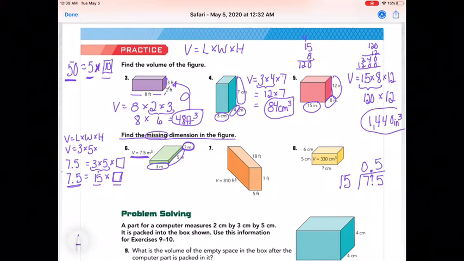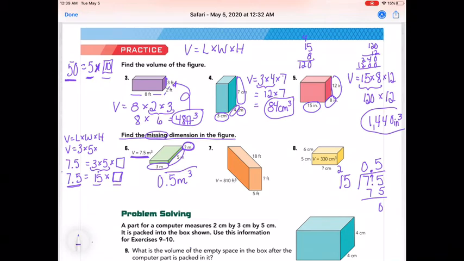Let's try 5. 25. Yes, it goes perfectly. So the answer is, how high is it? It is 0.5 or 5/10 of a meter. We do not cube that.